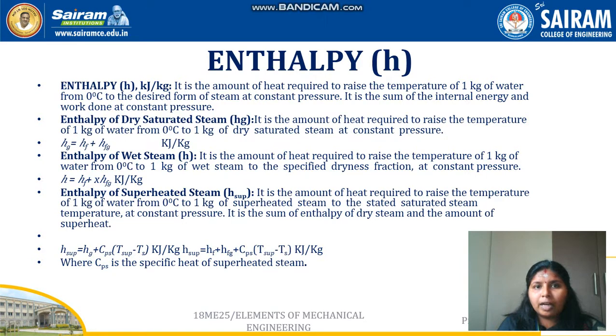Or else, if the value is not mentioned but you need it to calculate the superheated steam, then you can use 2.25 as the specific heat of superheated steam, in kilojoule per kg. So this is how the enthalpy of the superheated steam is calculated.